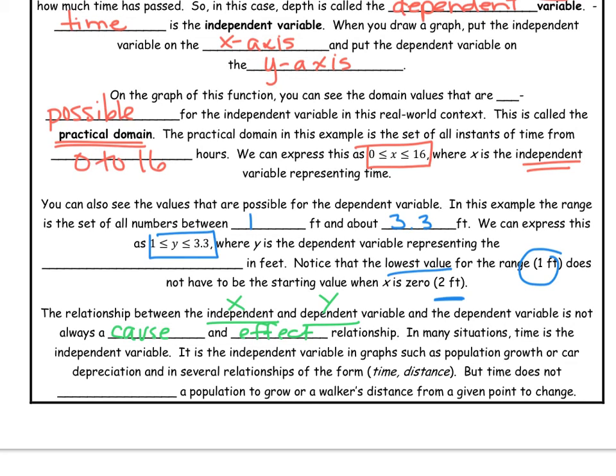It's the independent variable in graphs such as population growth or car depreciation, and in several relationships of this form, like time-distance graphs. But time change does not cause a population to grow or a walker's distance from a given point to change. In class tomorrow, we're going to continue with some more of these notes, and we're going to practice with independent and dependent variables.